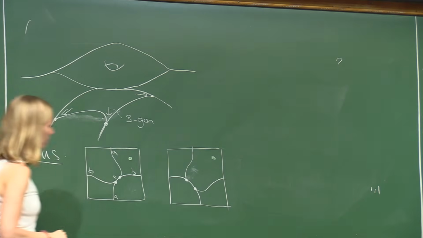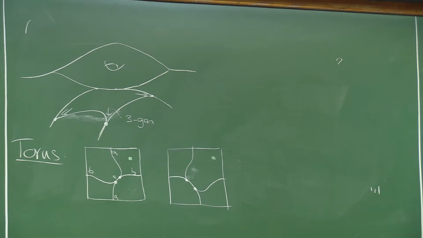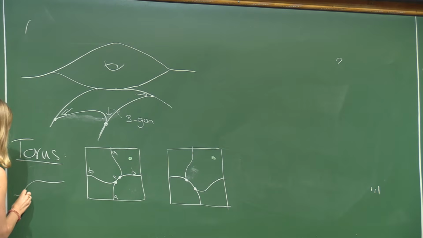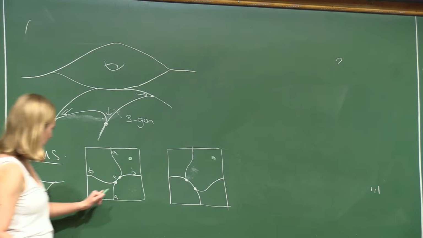And you can verify for yourself that the complementary region of this is a punctured 2-gon. So it looks something like this, with a puncture in there, which is allowed. Okay. Is that okay? Or did I do something wrong?